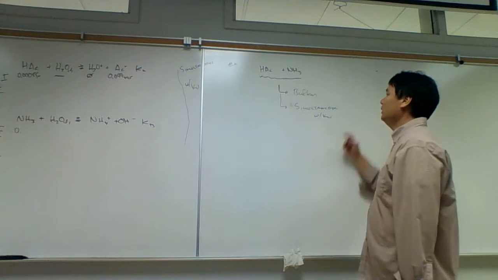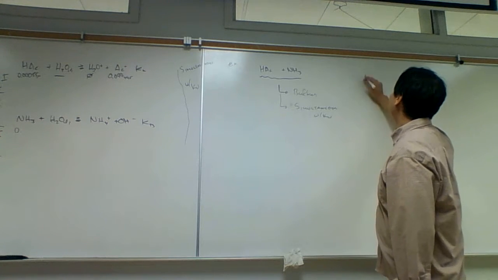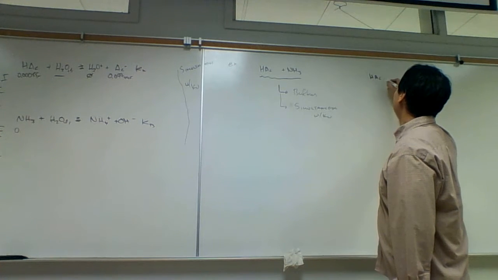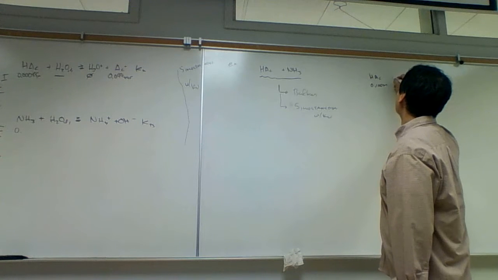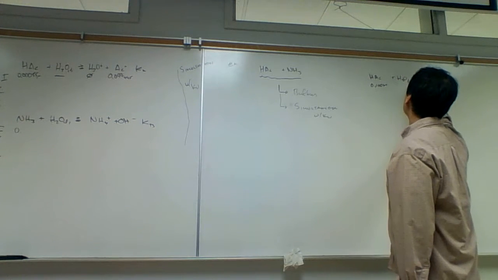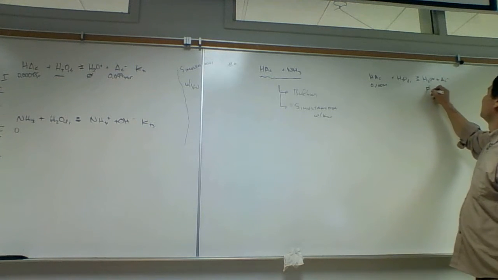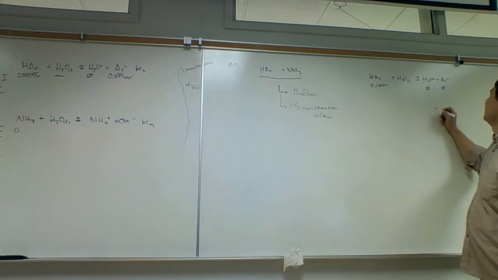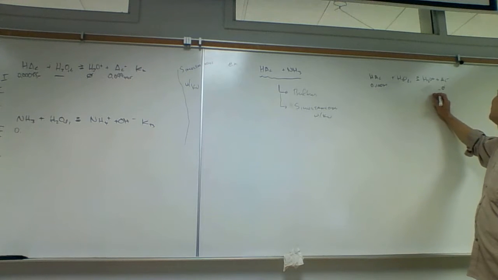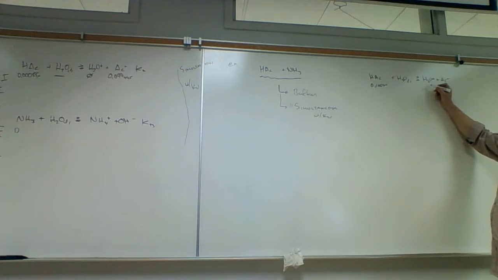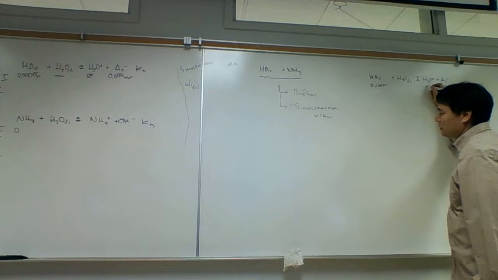And so if we already know this in advance, the way we set this up is we would have HAc at 0.100 molar plus water, H2O liquid. This is going to go to hydronium and acetate. This would be 0. Actually, this is simultaneous. We have to have some concentration of hydronium that fits all these.